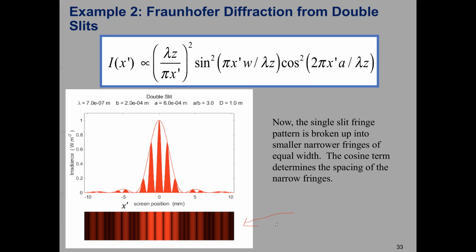And usually it's because the intro physics approach is ignoring the fact that you have single slit diffraction also from each of those individual slits in your double slit pattern.